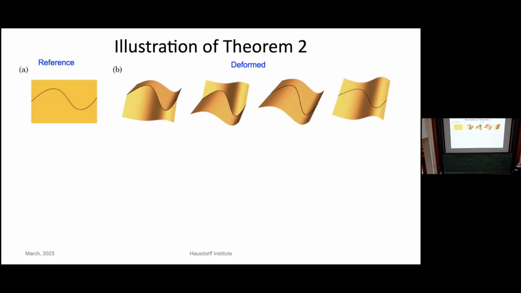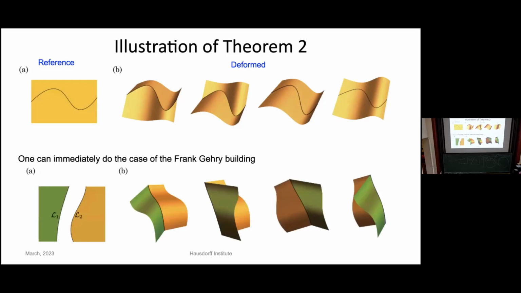And now we can understand immediately how to do Frank Gehry buildings. I give the deformed crease, but I give 2 different reference creases, and I make sure they're curve shortening in both cases. Then I apply the theorem to the first reference crease and the deformed crease, and I apply the theorem to the second reference crease and the same deformed crease.